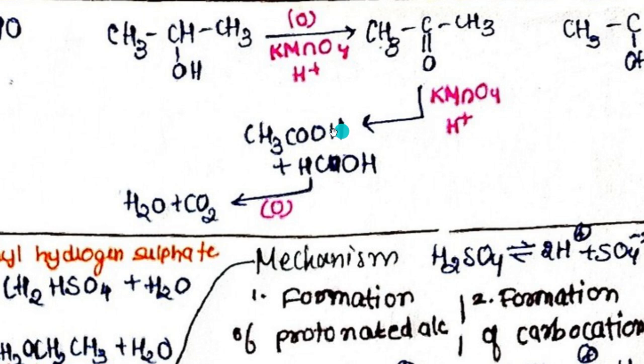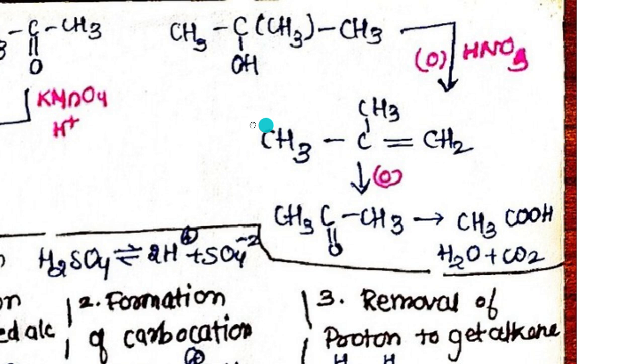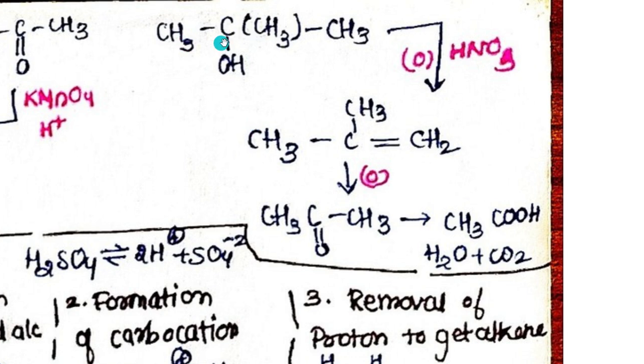Again on oxidation it gives CH3COOH and HCOOH, so it gives a mixture of two carboxylic acids, wherein this HCOOH further oxidizes to become H2O and CO2. Then coming to tertiary ones, that is CH3 C(CH3)(OH) CH3.